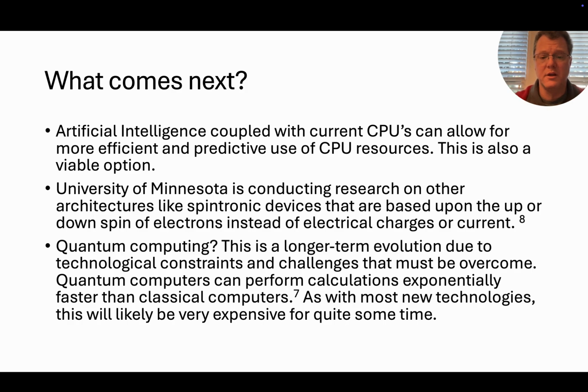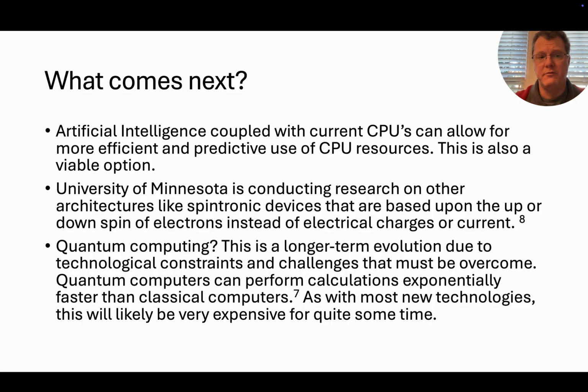But quantum computers can perform calculations exponentially faster than classical computers. For example, a recent article published talked about Google scientists with a 70 qubit quantum computer that they said was 241 million times more powerful than a classical computer.